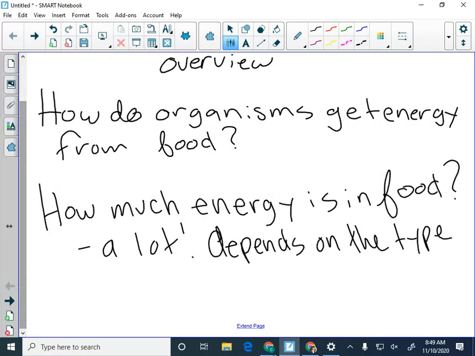We talked about glucose, the sugar that is made in photosynthesis.